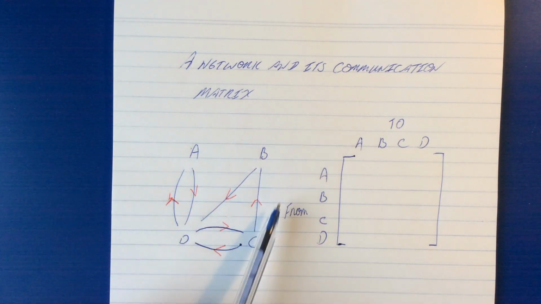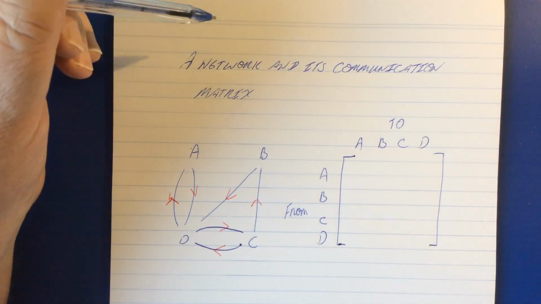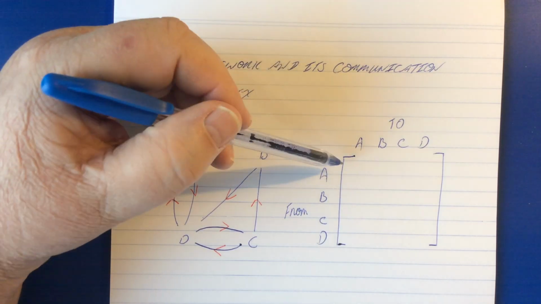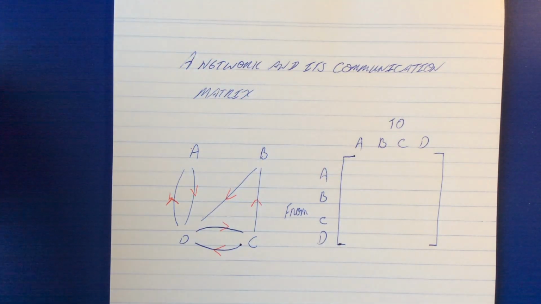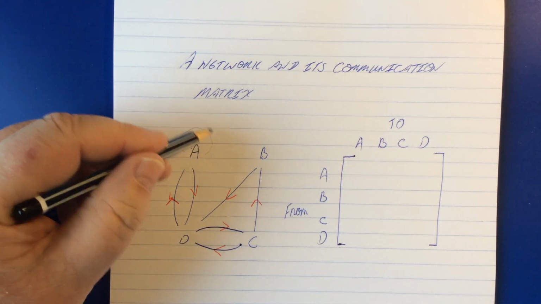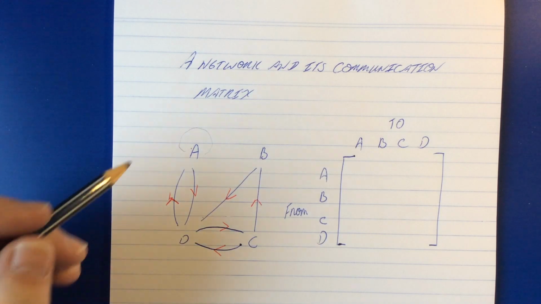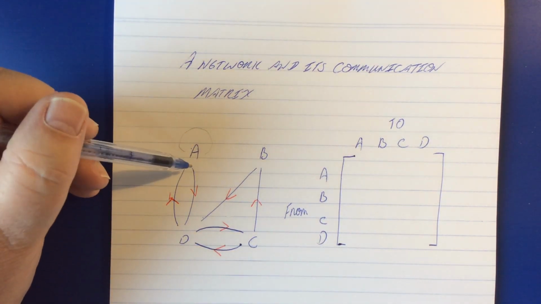Okay, so how do we illustrate this using a matrix? Well, we start in the top left corner and we see that A does not communicate with A. Otherwise, I'll just draw this in pencil, otherwise there would be a loop like that. I hope you can see that. I've just penciled that in very, very faintly. So that does not occur.